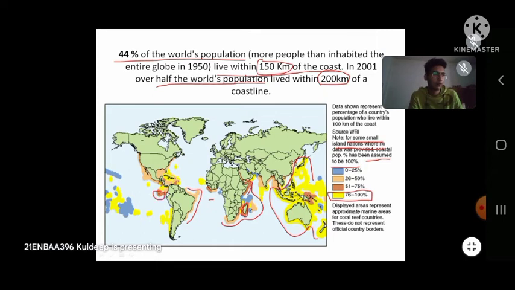And then there are also some countries where 26 to 50% of the population lives along the coastline, like in this America part here and here. So you can see that the coastline region is very important in the population share. These are also very densely populated. So this was all about this.